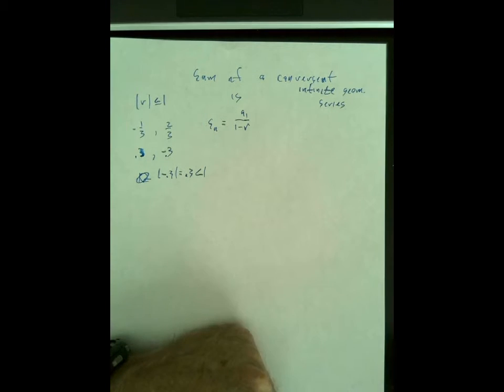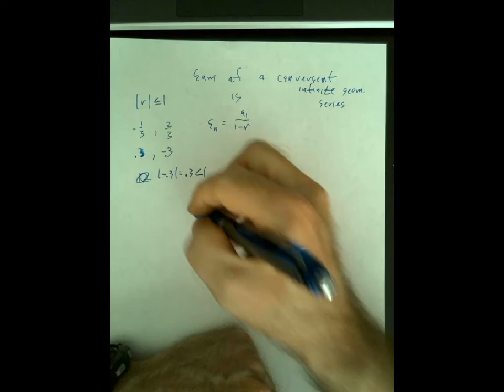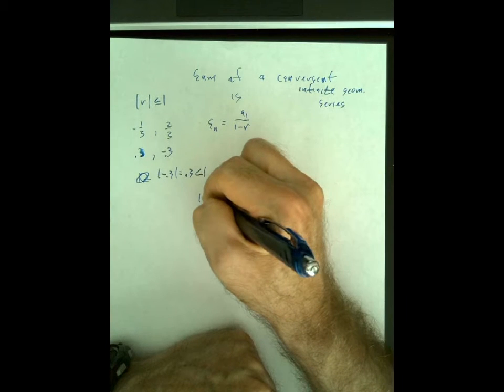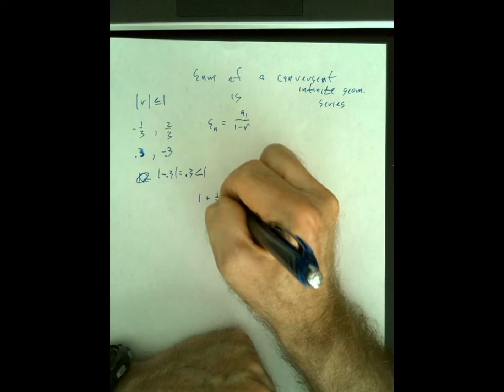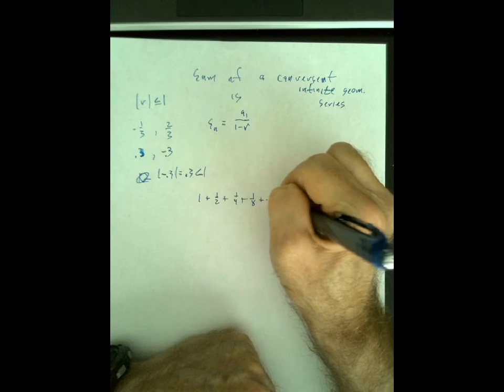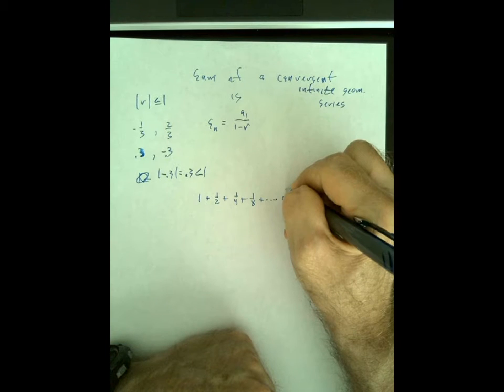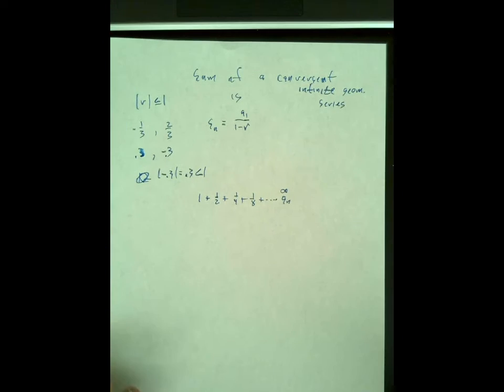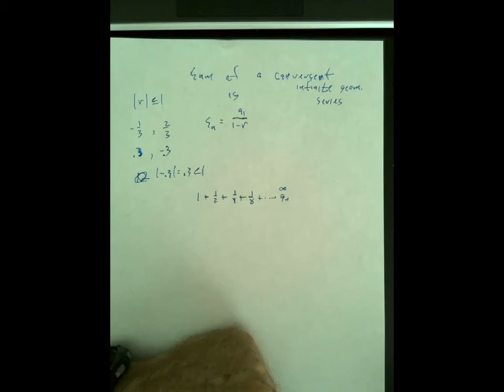So let's start with Zeno's series that we worked with here. 1 plus 1/2 plus 1/4 plus 1/8 plus ... all the way down to infinity. When we actually added those up on our calculator, kind of by hand, we saw that it tended to get closer and closer to 1.